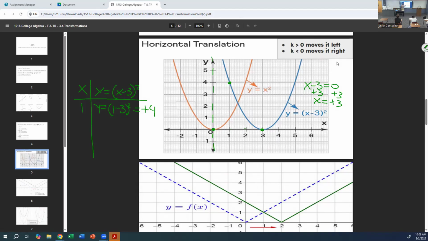I will pick 5 to the right of the vertex. So y is equal to (5 minus 3) squared. 5 minus 3 is 2. 2 squared is 4, positive 4. And you plot 5, bingo, and draw your line.